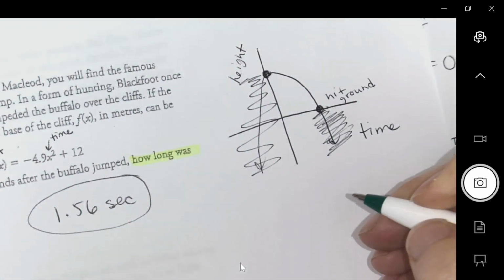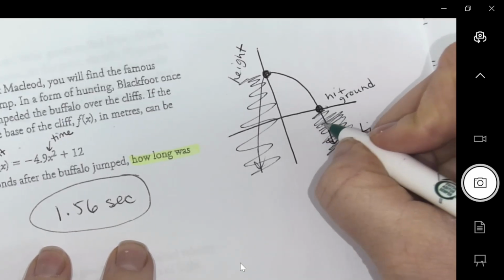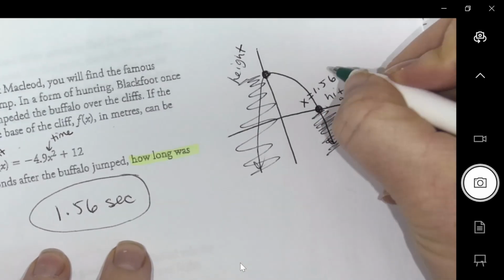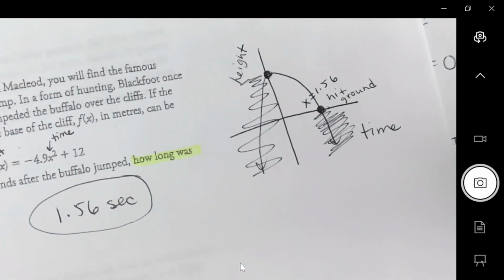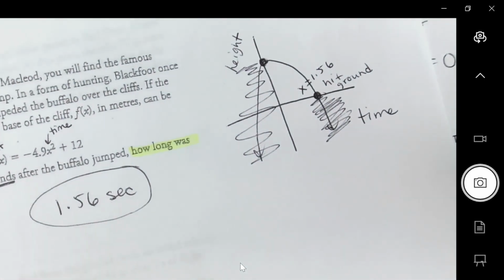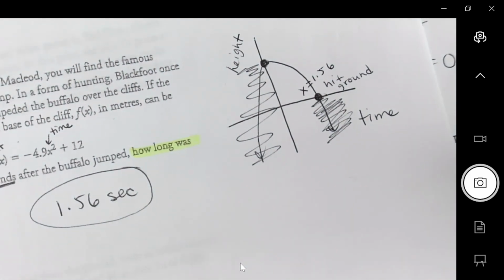And I'm going to put seconds on that because the question told me. I read the question with the time and it did say it was in seconds, so that's why I put that.